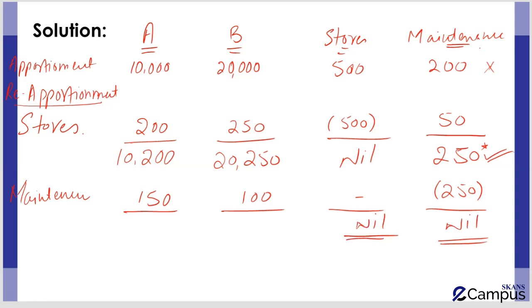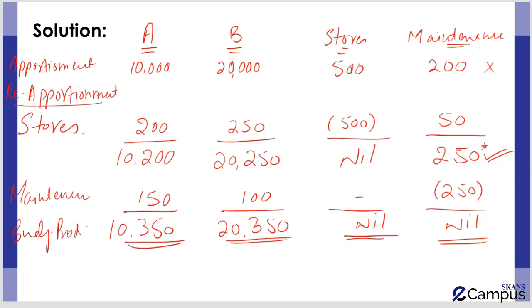Stores balance is already nil. Total of B would be 20,350. Total of A would be 10,350. So these are the production overheads. This is how we reapportion service centers to production centers in the step down method.